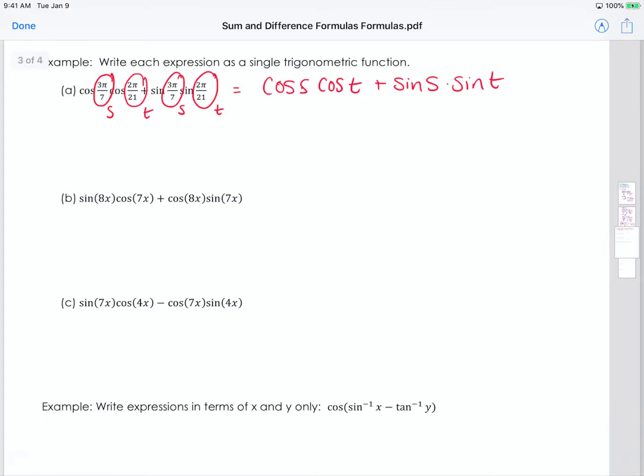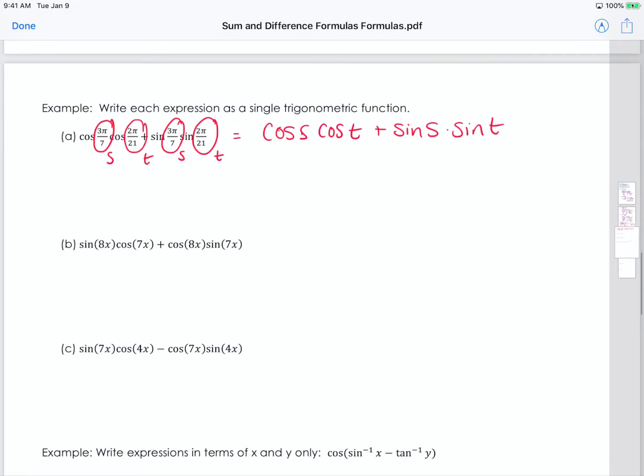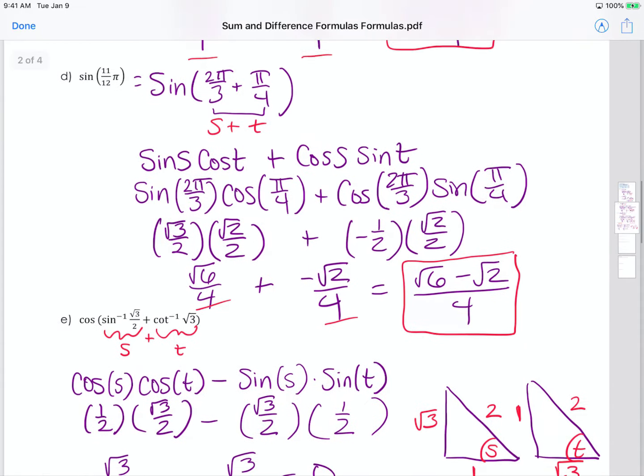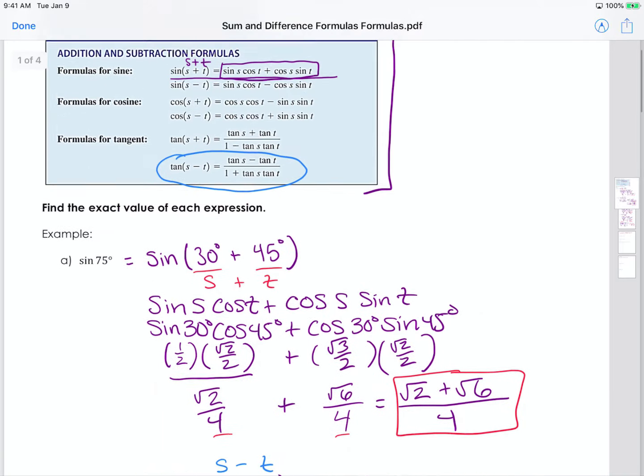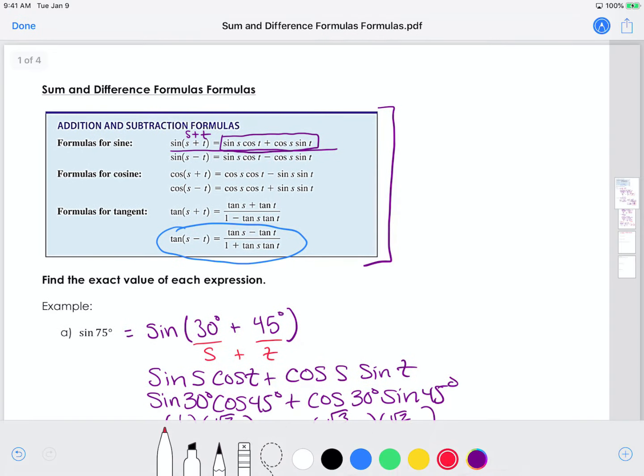So if I look up in my shaded box at the beginning of the notes, that would be this identity right here. The cosine of S minus T is cosine S, cosine T, plus sine S, sine T. We're going to write it. We're working backwards. We have this part here, and we're going to write it as cosine of S minus T.